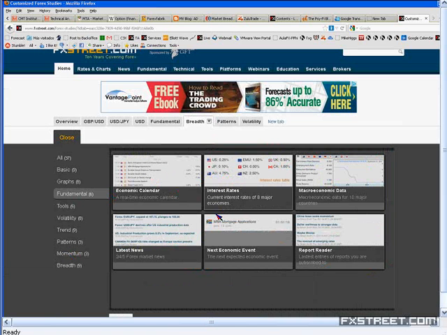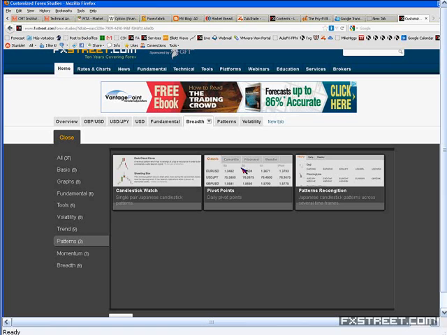The calendar is there, and there is a countdown for the next expected economic event, volatility trends, pattern recognition. We have pattern recognition right now for candlestick patterns. Bar patterns will be added soon, and so on. We'll have a sentiment section with COT data, which will also be quite useful.